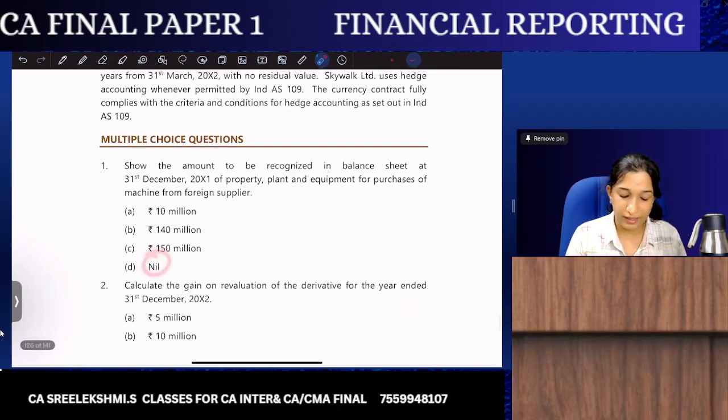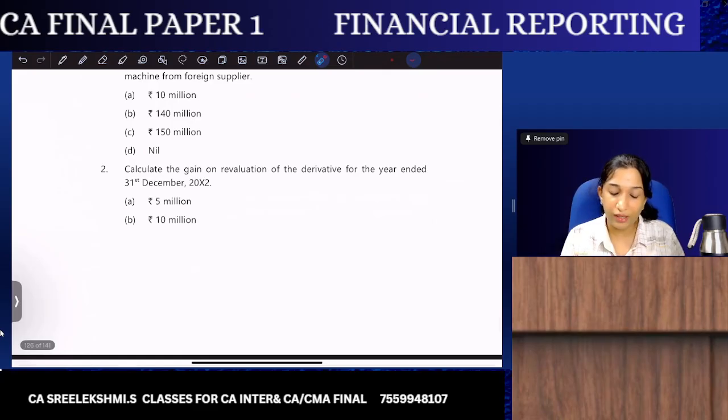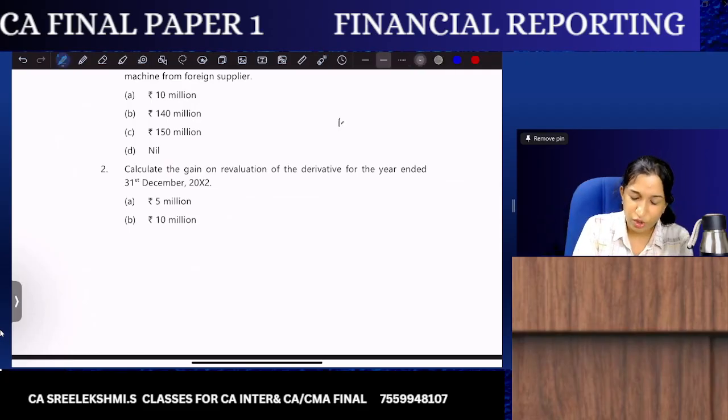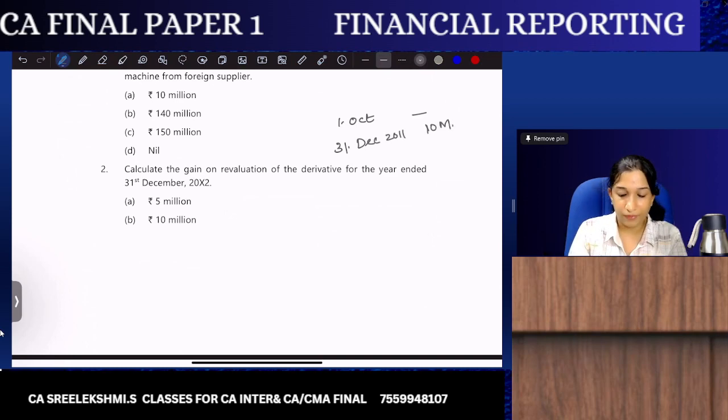Amount is option D. Calculate the gain on revaluation of derivative for the year ended 31st December 2012. So on 1st October, no entry. On 31st December 2011, we recognize a gain of 10 million.